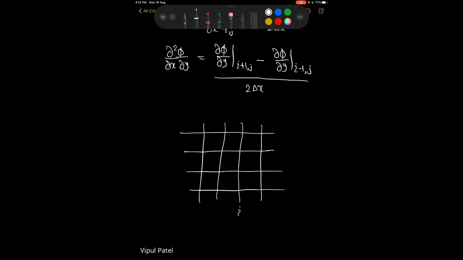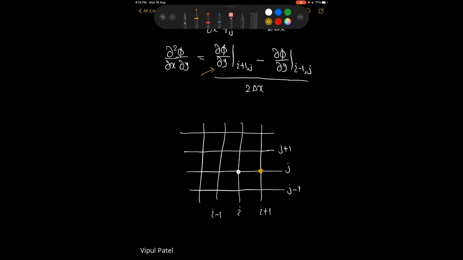So this is obviously I plus 1, I minus 1, j plus 1, j minus 1, and at present I am talking about del square phi by del x del y at this particular point. So I need to define del phi by del y at I plus 1 comma j, which is nothing but this particular point. I want to define del phi by del y at this particular node.